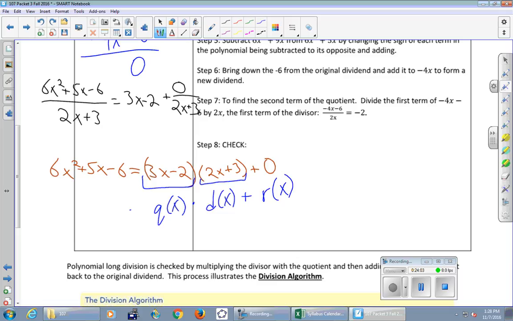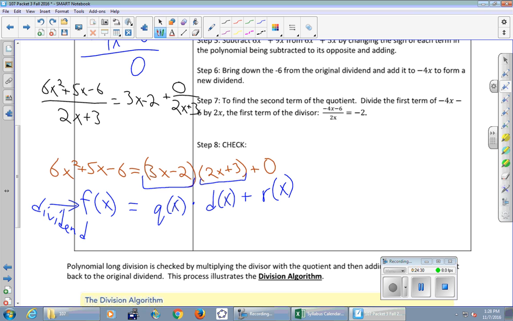And then the most neglected division word is this, the name for this guy. That's the dividend. All right, unfortunately, I can't call it d of x because d of x stands for our divisor formula. Your book calls this guy f of x. I'll just write the word dividend here. The thing you're dividing into.